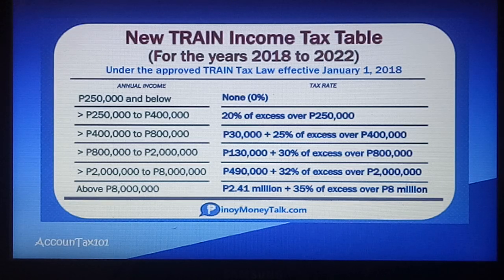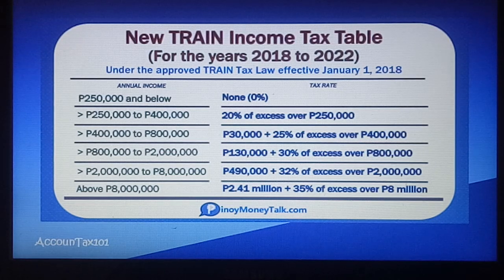Ang tax rate niya, 20% of excess over 250,000. Next bracket, we have 400,000 to 800,000. So, from this bracket onwards, meron na itong magsisilbing basic tax. So, ang basic tax niya is 30,000 plus 25% of excess over 400,000.